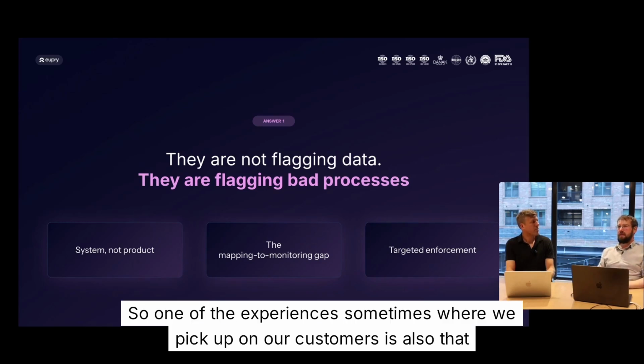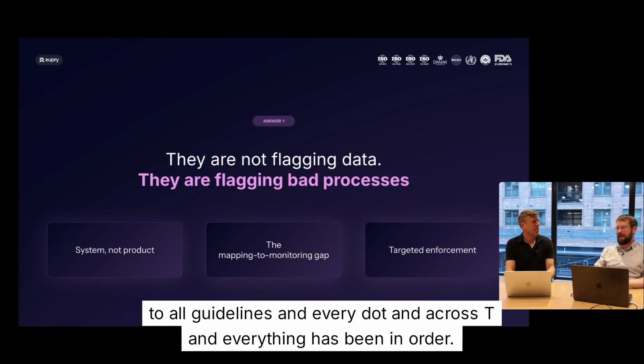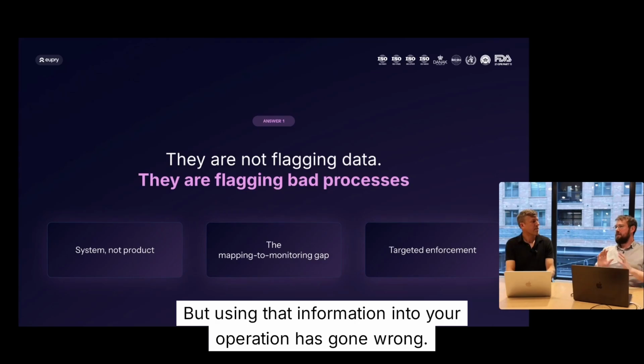One experience we pick up on with our customers is that you might have performed a mapping according to all guidelines, with every i dotted and t crossed, but using that information in your operation has gone wrong.